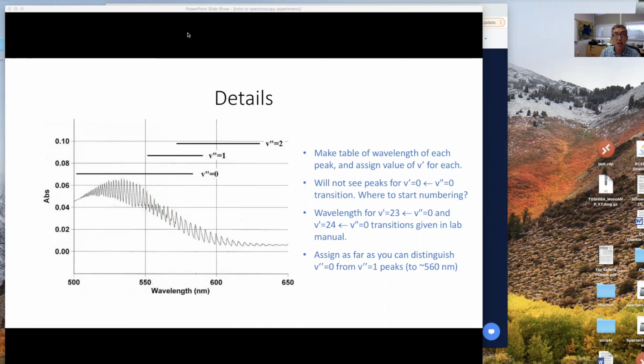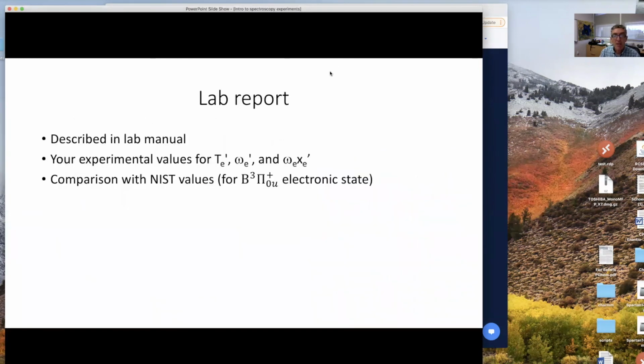Let me just double check with the next slide. Yeah, so in your lab report, all of this is described, what I just told you about, all of the equations you need and so forth. What you'll need to do is determine the experimental values for these three things.